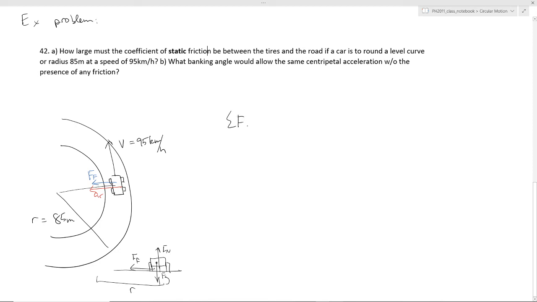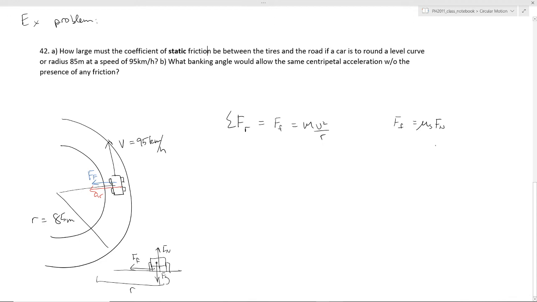Let's look at the sum of the forces in r. We're going to have the force of friction, and that's going to equal the mass times the centripetal acceleration, which we know is v squared over r. Now, the force of friction, since this is a flat curve, remember generally the force of friction is mu times the normal force, mu s in this case because it's static friction.